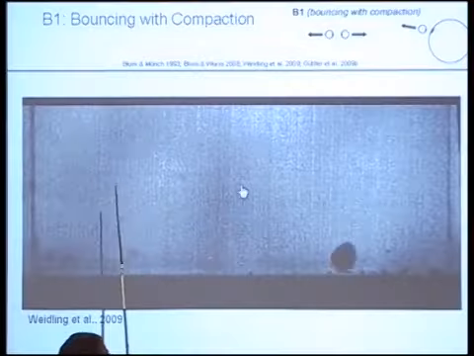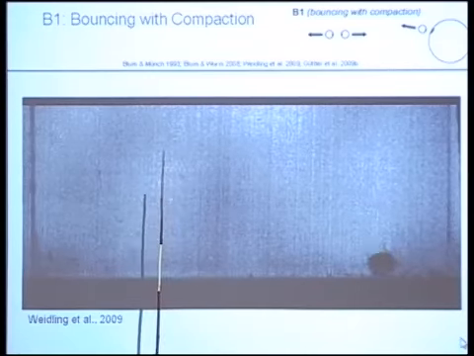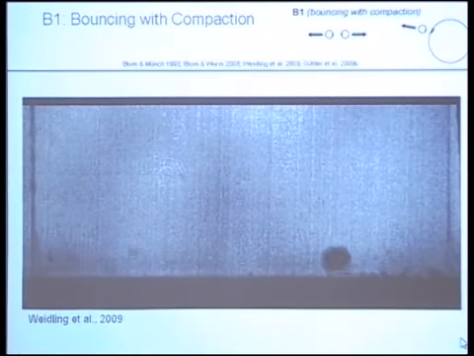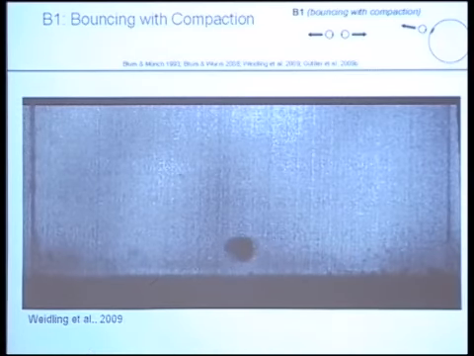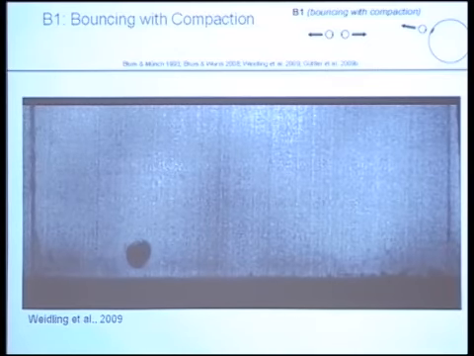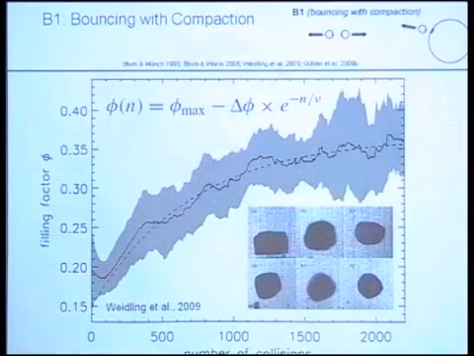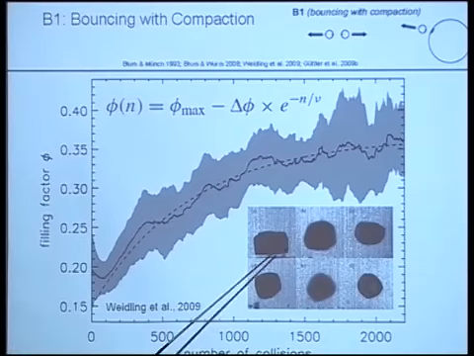Okay, we've done an experiment to find out what happens in bouncing. So we took a vibrating plate, a highly porous dust aggregate on top, and let it bounce thousands of times, and observed the size and the mass actually of the aggregate.